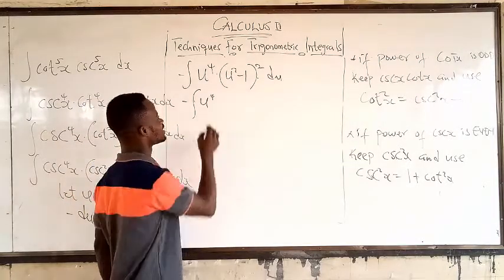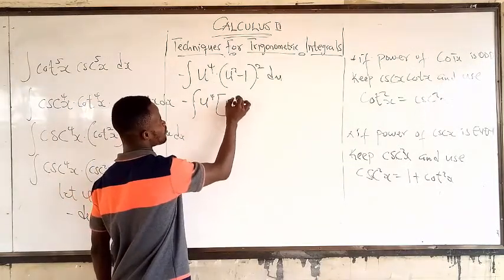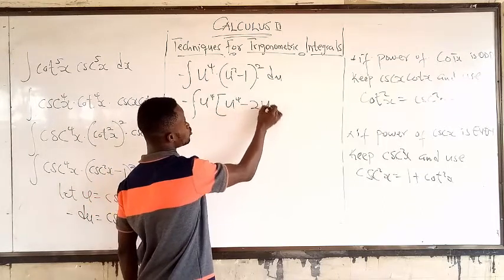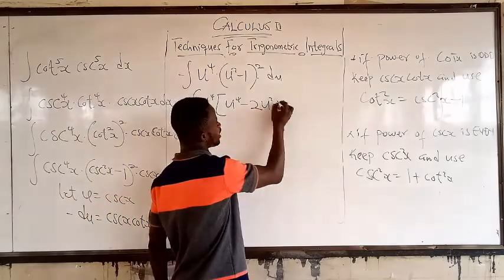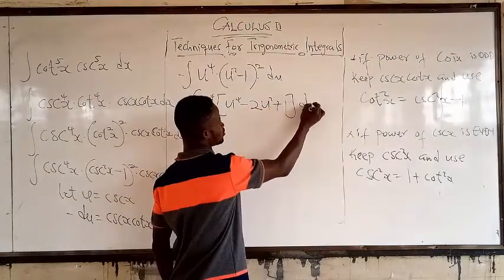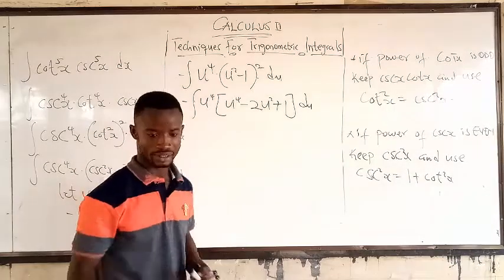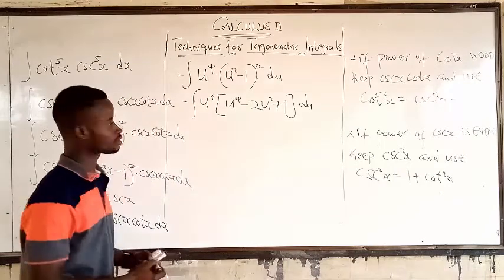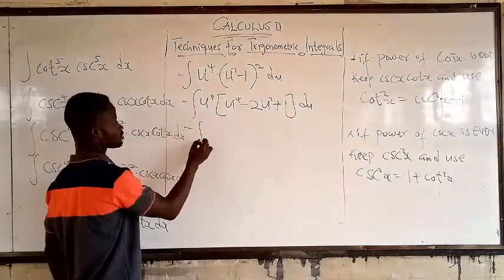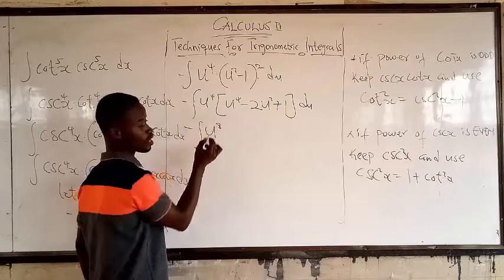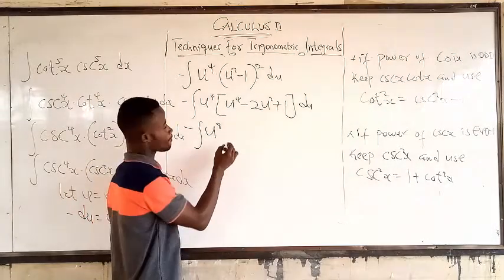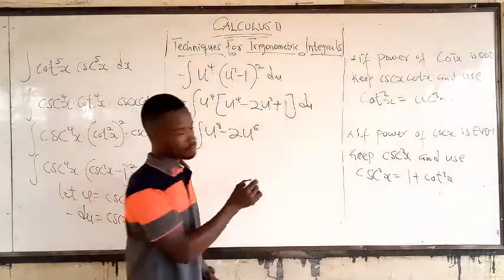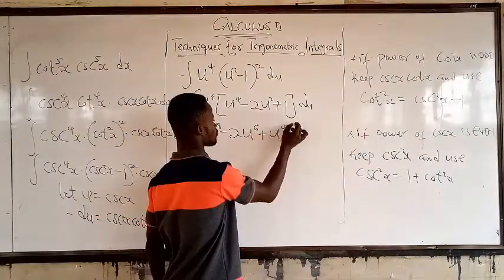So here we get u raised to the power 4 times u squared minus 1 all squared, which is u to the power 4 minus 2u squared plus 1 du. So having that, we can get the integral of u raised to the power 8 minus 2u raised to the power 6 plus u raised to the power 4 du.